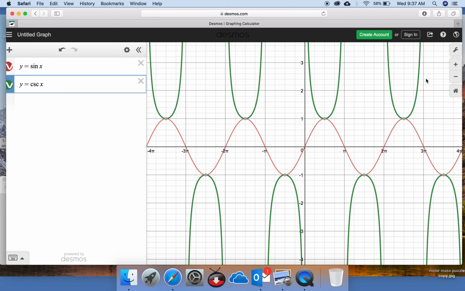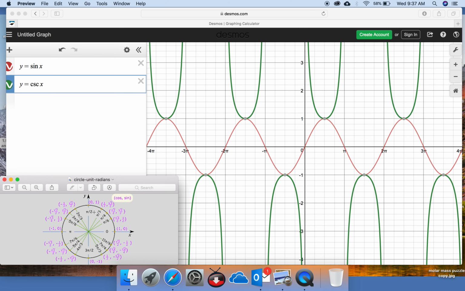And at every point on the sine curve where it crosses the x-axis, we know that the value of sine of x is 0, so the value of cosecant of x is 1 over 0, which is an asymptote. So we have an asymptote at each of our pi values for sine. Now, what happens at the pi over 2 values?